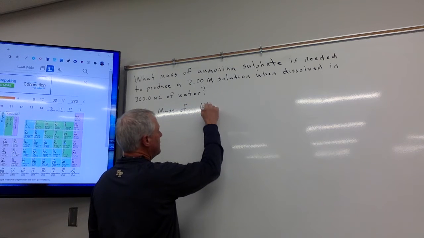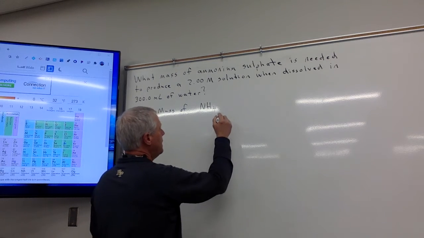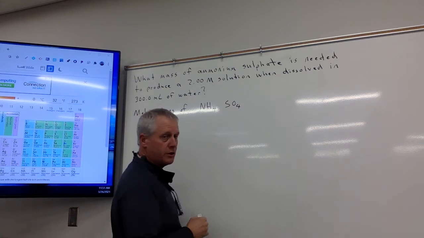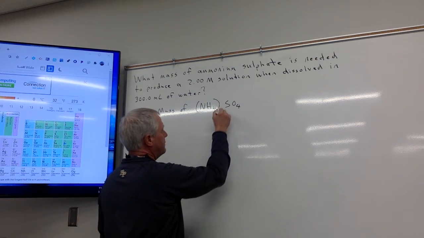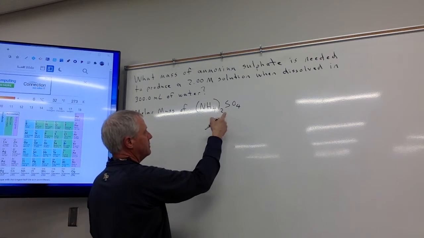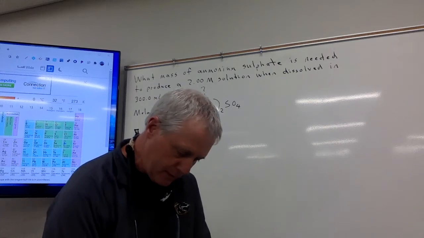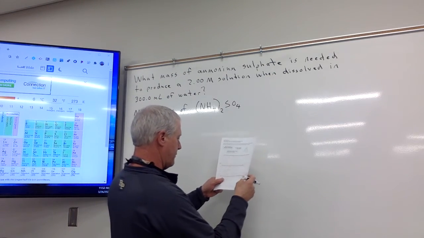Now, ammonium is a polyatomic ion with a +1 charge, and sulfate is a polyatomic ion with a 2- charge. So we've got to have 2 of the +1 ammoniums to go with the 2- charge of the sulfate. But anyway, finding the molar mass of that, we've got to account for all of these.